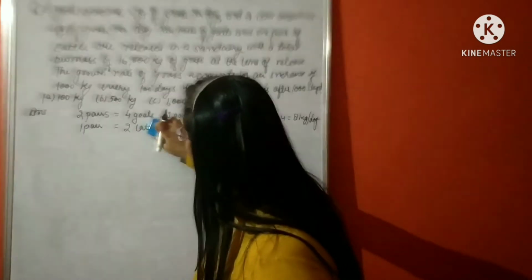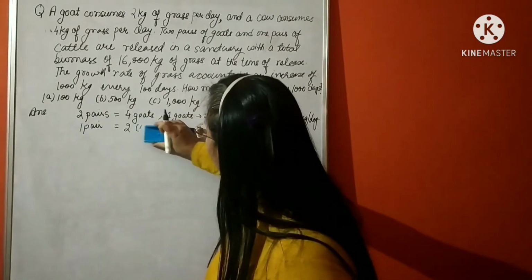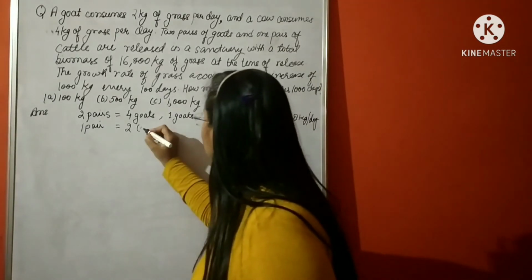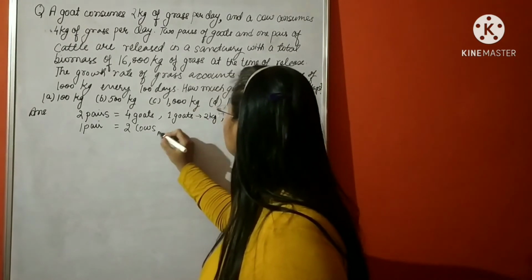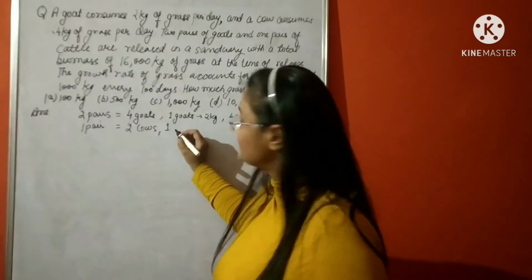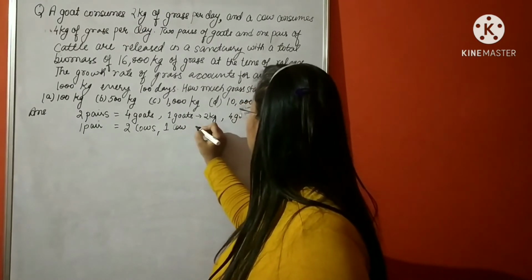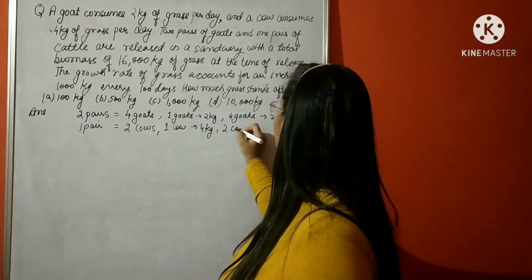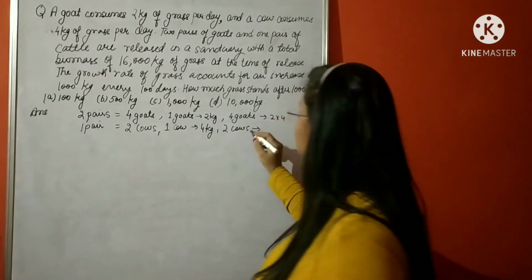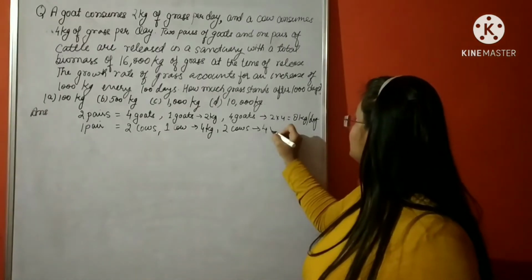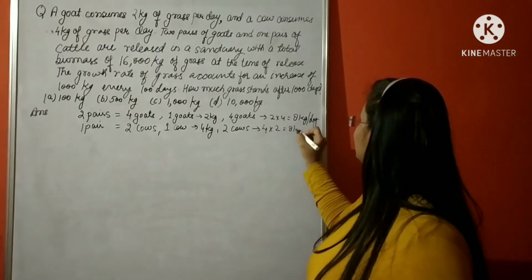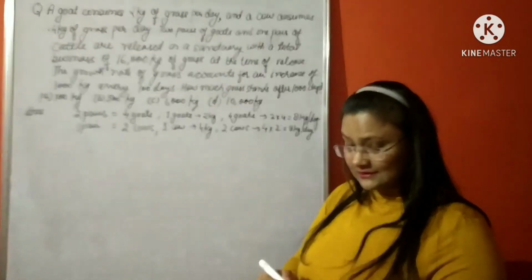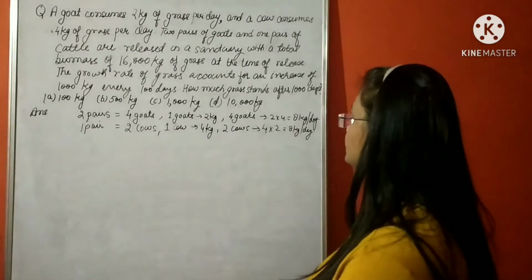Cow or cattle is the same thing. So 1 cow consumes 4 kg, then 2 cows will consume 4 into 2, which is 8 kg per day. This is the amount of grass that they consume.